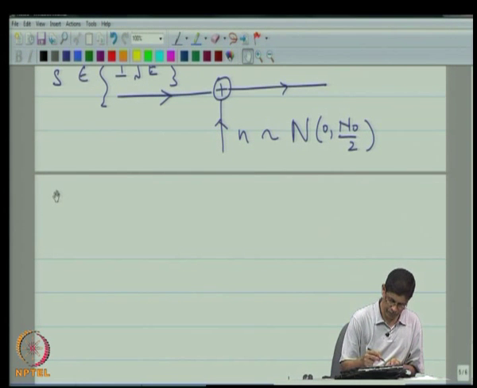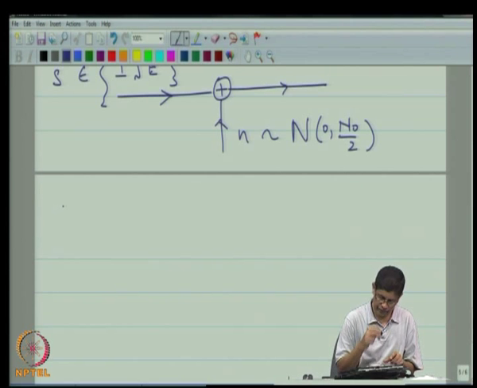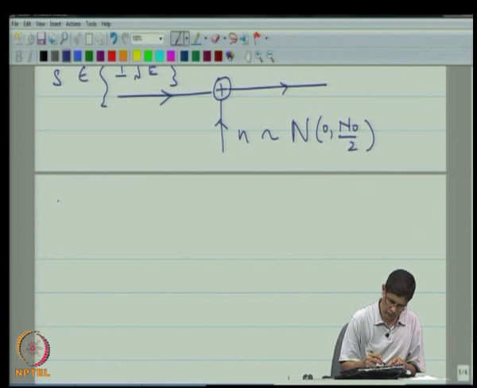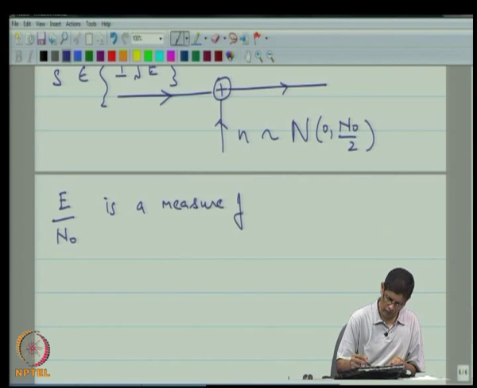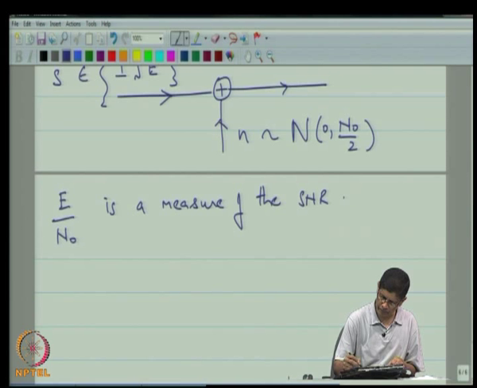We will assume E by N0 is a measure of the SNR on the channel.